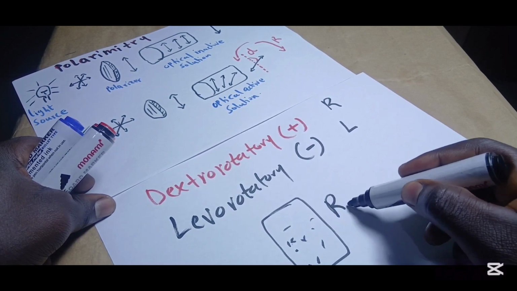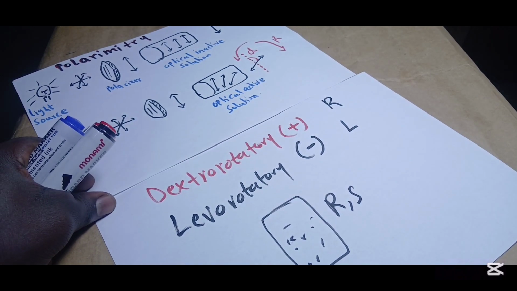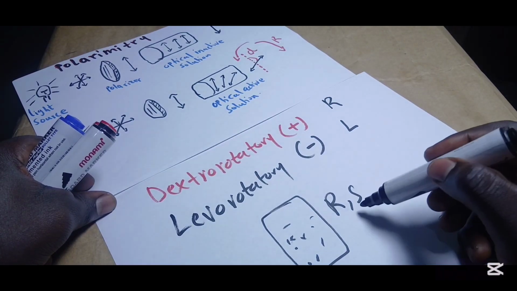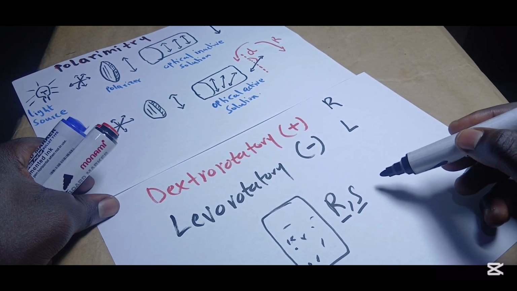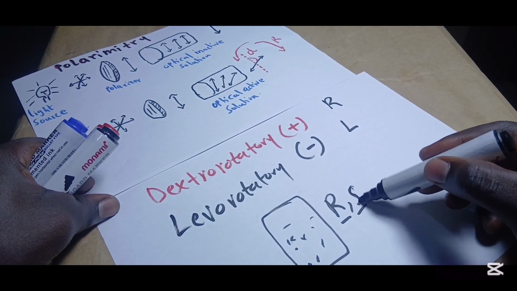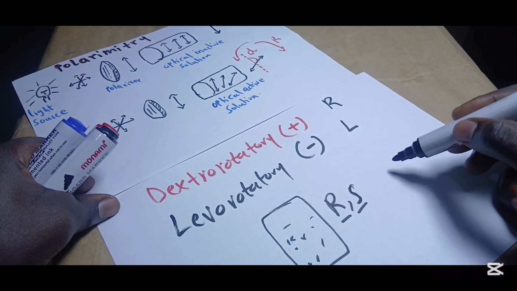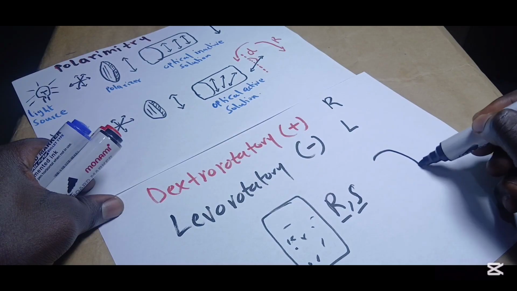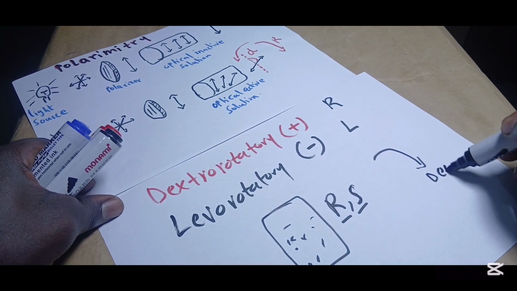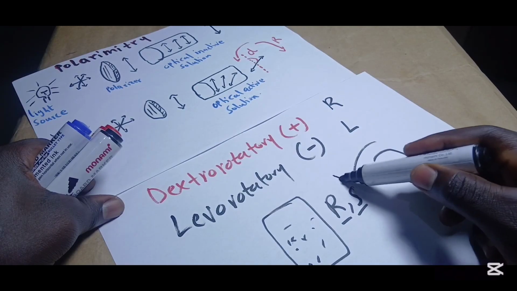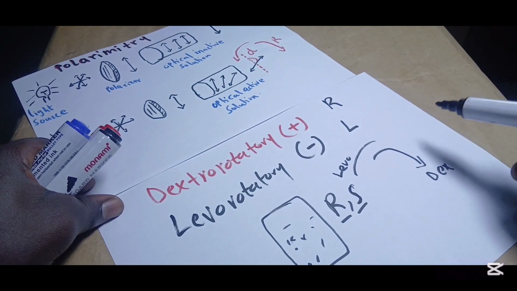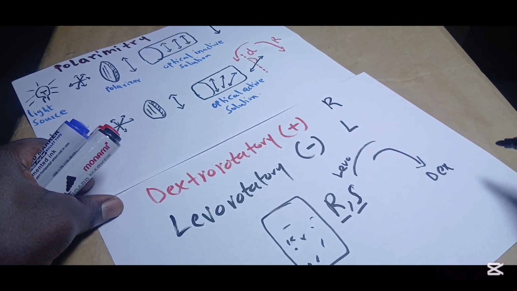Let's say, assuming the R and the S enantiomers. Depending on which of these dominates, if the S dominates, it will give us dextro. If the R dominates, then it will give us levo. Notice that S is not always dextro.